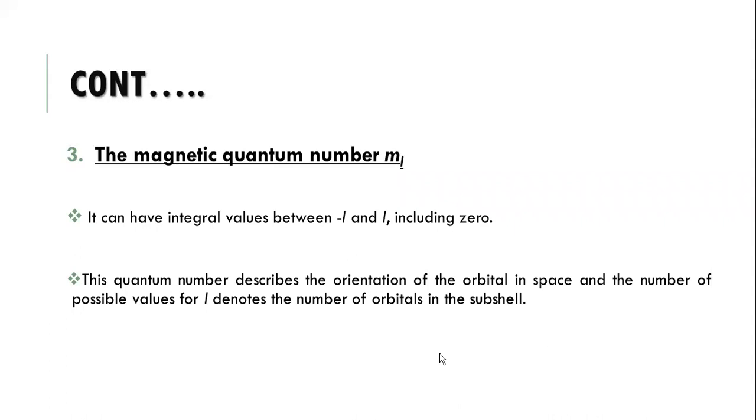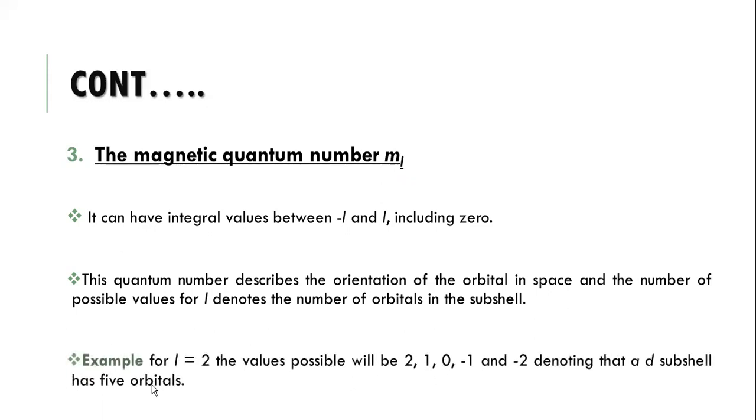When you take the example, if L equals 2, the possible values under ML are 2, 1, 0, minus 1 and minus 2, which denotes that this subshell has 5 orbitals.